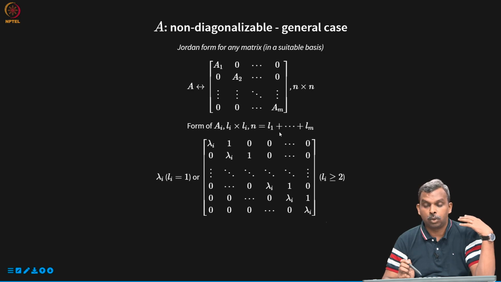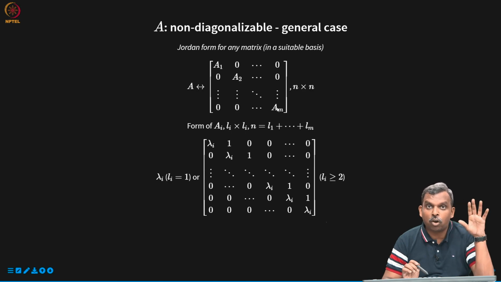Once again, let me repeat myself: any matrix, diagonalizable, non-diagonalizable, whatever, has something called a Jordan form. There is a basis in which it becomes block diagonal, and every block is either a 1 by 1 lambda or an Li by Li block of this simple form we have assumed, lambda showing up on the diagonal and 1 showing up off diagonal.